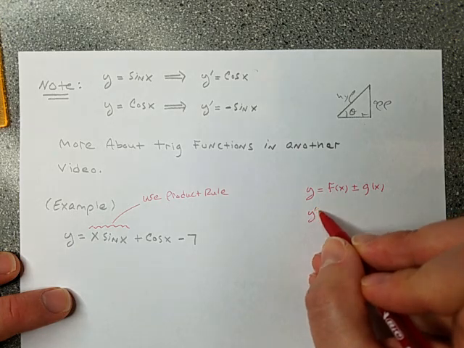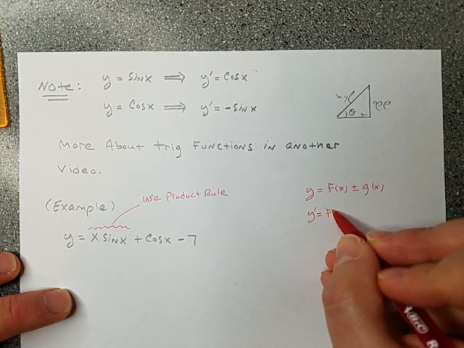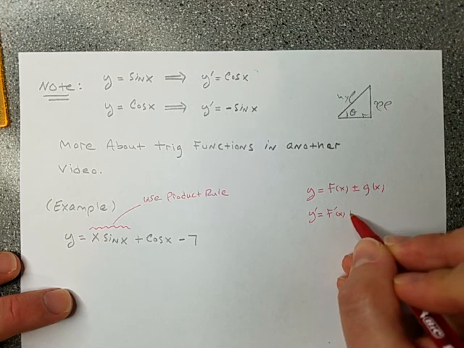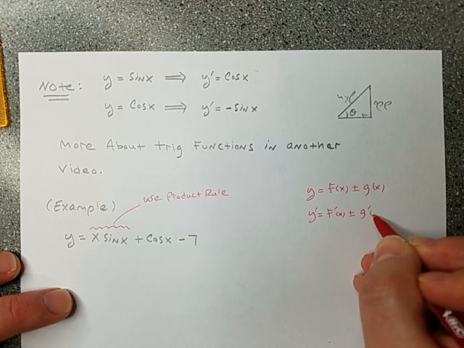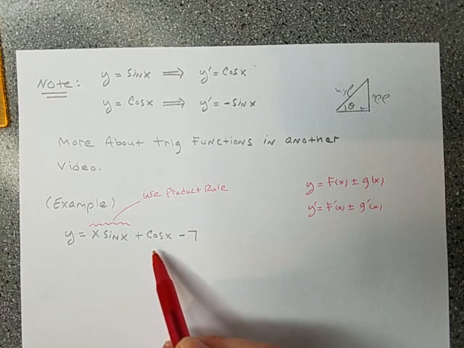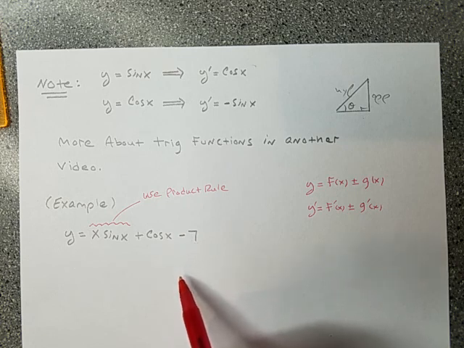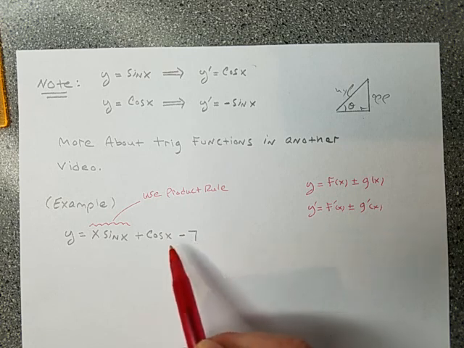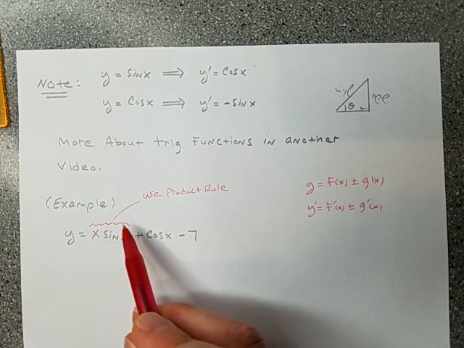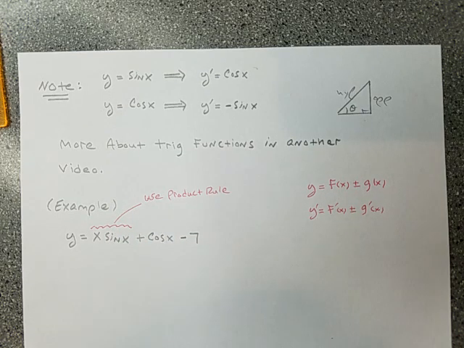Then the derivative of that, the plus and minus does not complicate anything. You take the derivative of that first function, and you either add or subtract the derivative of that second function. So this plus, I'm just going to carry it down and tell you the derivative of cosine. And that minus, I'm just going to carry it down and tell you the derivative of 7. But for this first term, x times sine x, I've got to use the product rule.